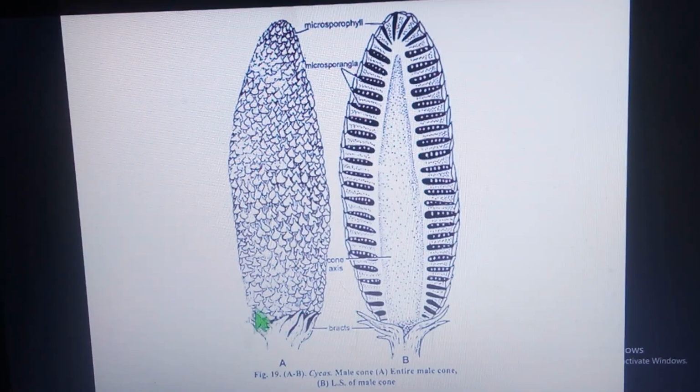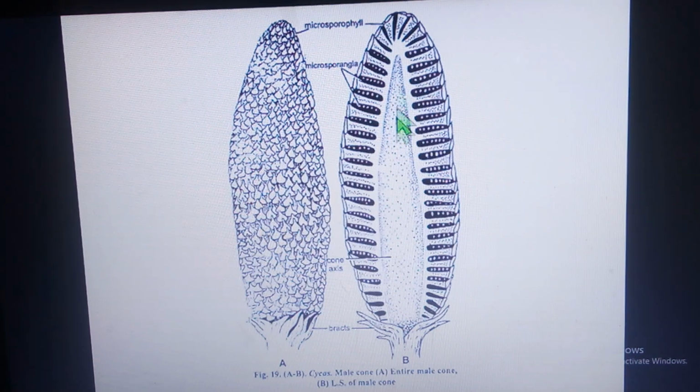Now here, this male cone, if you take a look at the LS section, the longitudinal section of a male cone, what you will observe is many microsporophylls, and this part in the middle is called the cone axis.